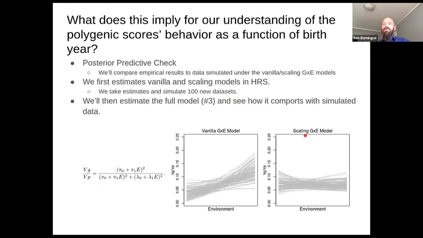Then I'm going to fit the full model, model 3, and show you the same Y quantity on the Y-axis, now from the empirical data. And the question is just going to be, does this new line look like the lines given to us from the model under simulated conditions?